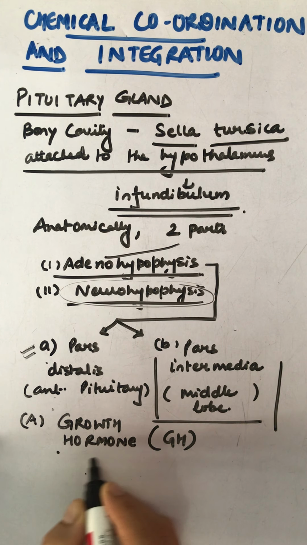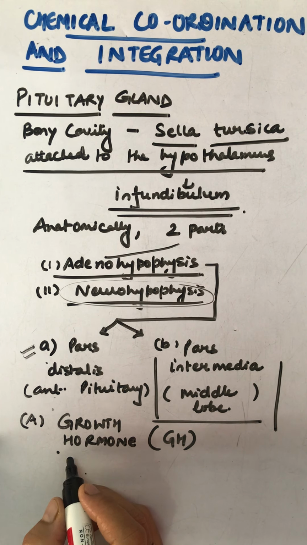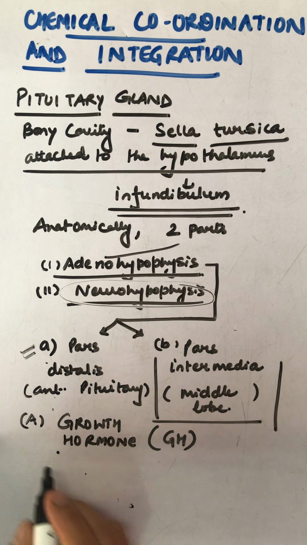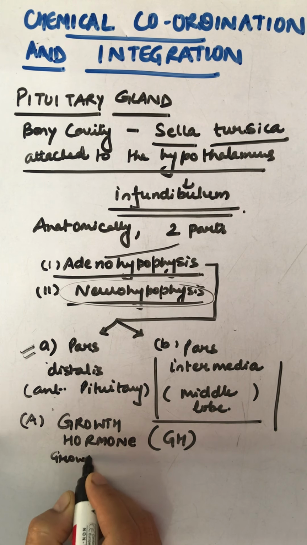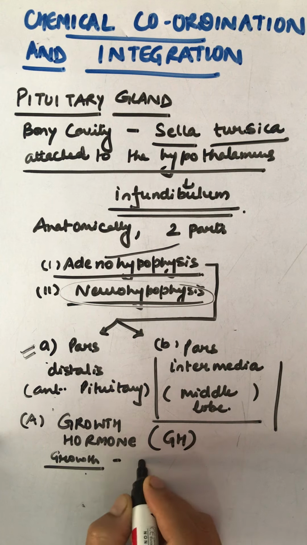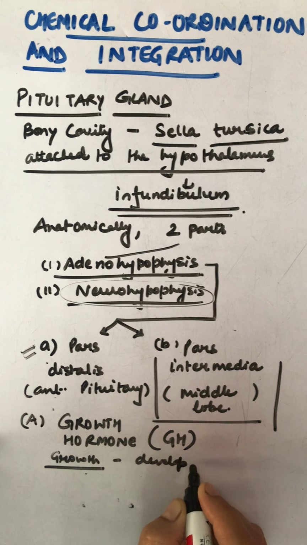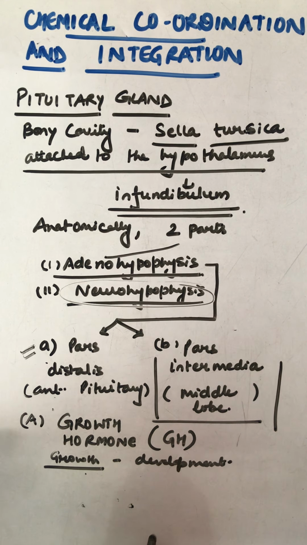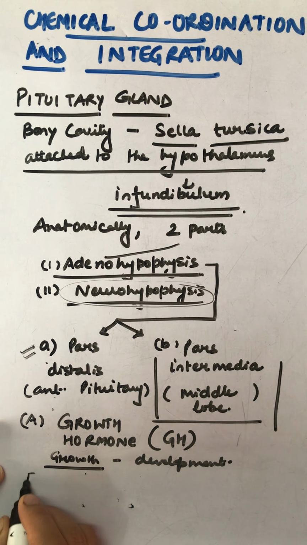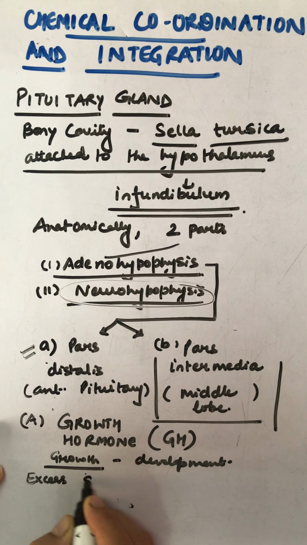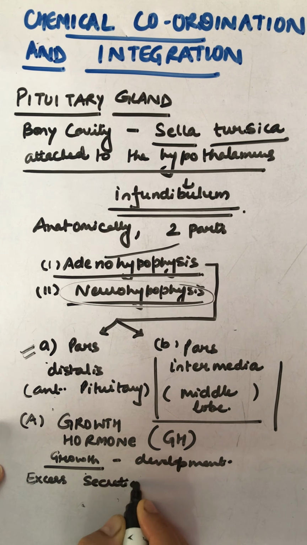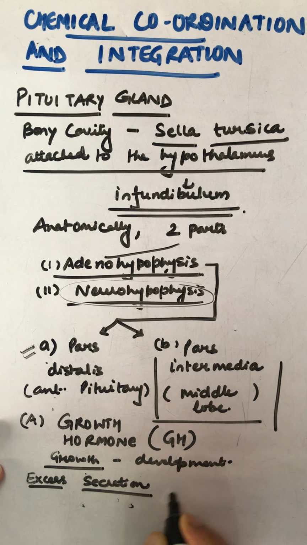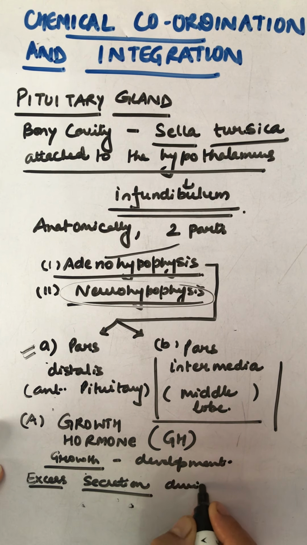What happens when GH is secreted in the body? Automatically it regulates the growth and development in babies during childhood. So what happens with excess secretion during childhood?